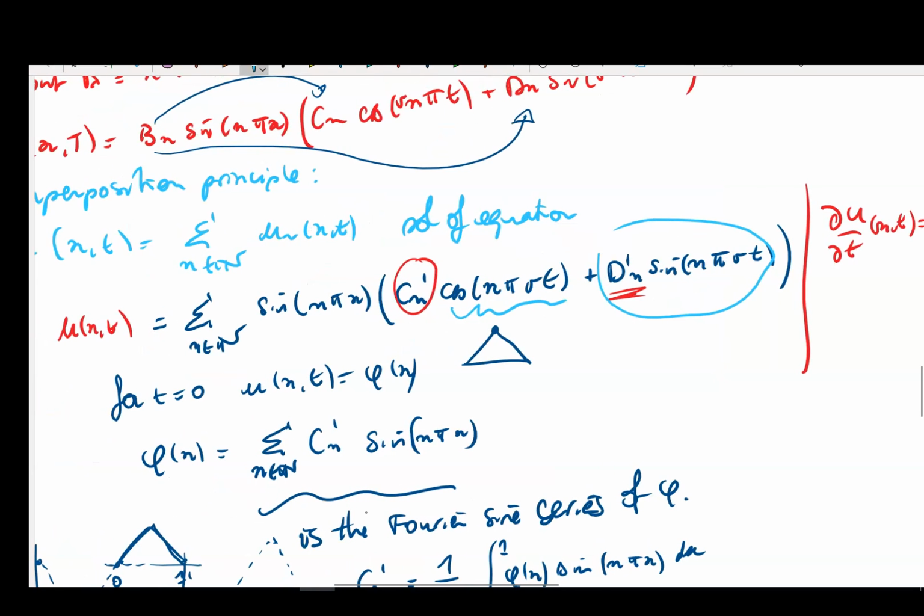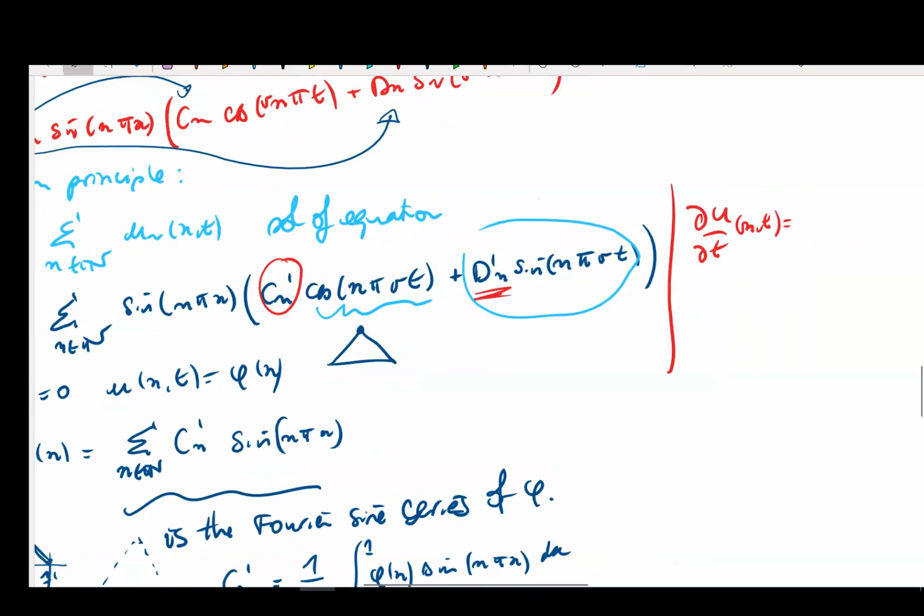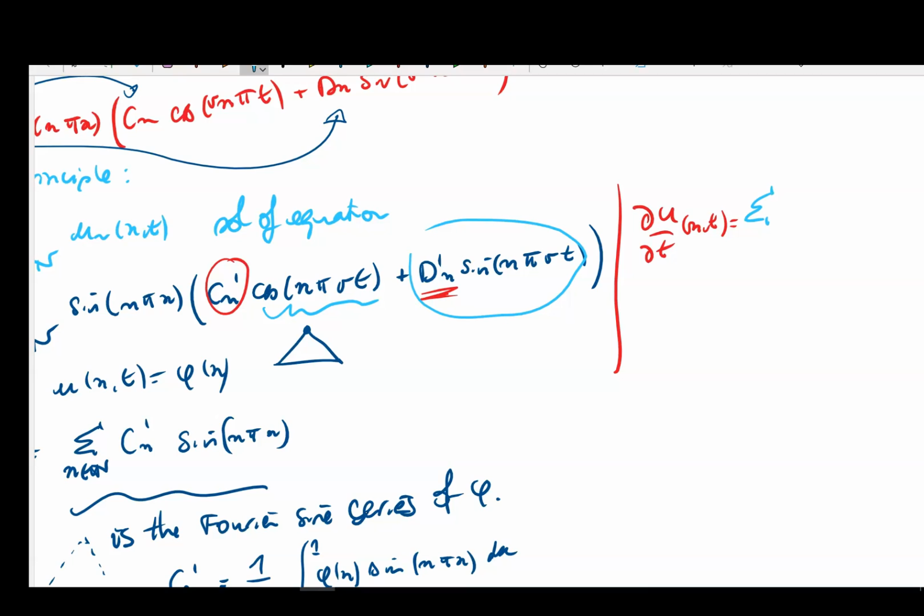So what do we have? We will have the sum. Okay, we have the sine of n pi x. The cosine, so let's take that for t equal to 0. The cosine has been differentiated into a sine, it's just going to be 0.